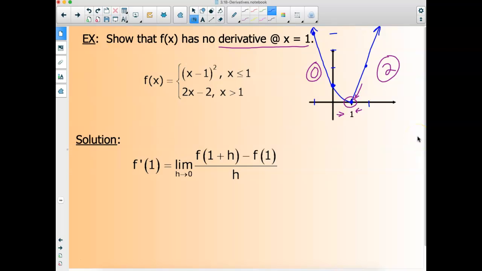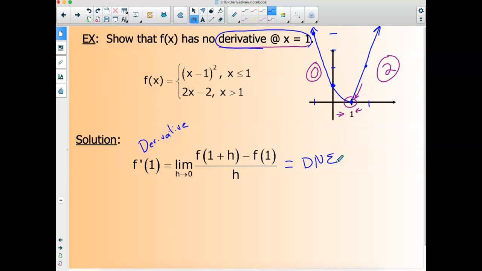So in order to prove that this does not have a derivative, what we're going to do is show the derivative does not exist. Well, the only way to really show the derivative does not exist, because it's coming together at a point, okay, my limit on the function exists, but are the slopes of both pieces approaching the same slope, not the same value at x equals 1?